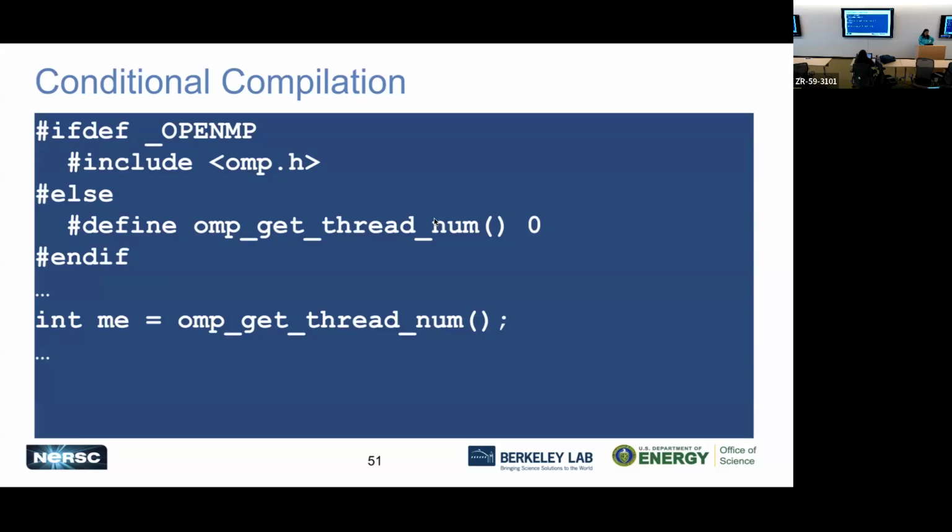But if I don't have OpenMP, I don't want this source code to fail to compile with an error, so I can define my own runtime function. Just define this as 0. Then in the case that I don't have OpenMP, it will return 0 without a compilation error. Probably you don't use that much, but it's just in case.